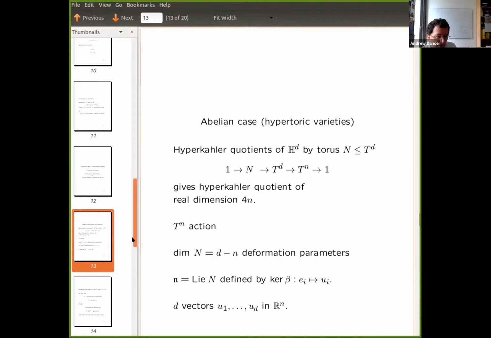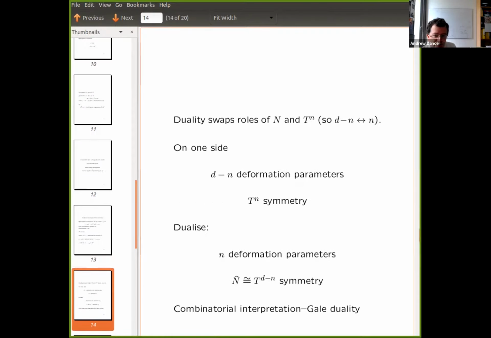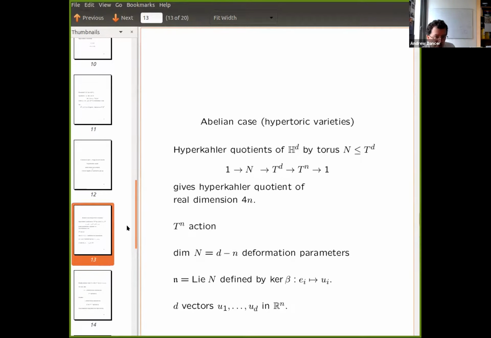So basically, we're getting out a fairly simple kind of duality here. The duality between the Higgs and Coulomb branches is, very roughly speaking, swapping the roles of the subtorus and the quotient torus. More precisely, we're just dualizing that exact sequence.